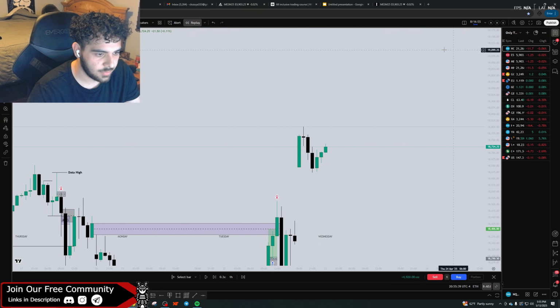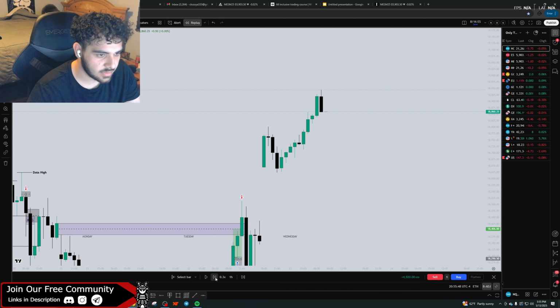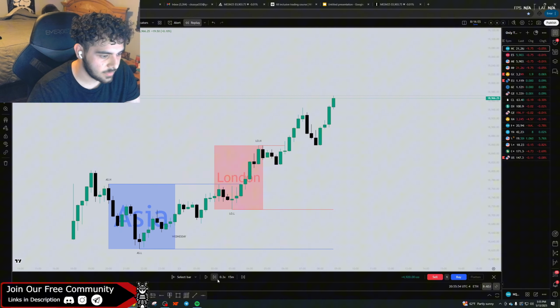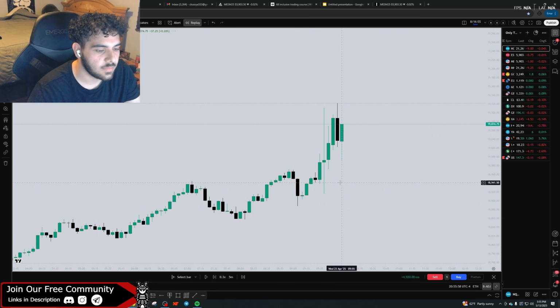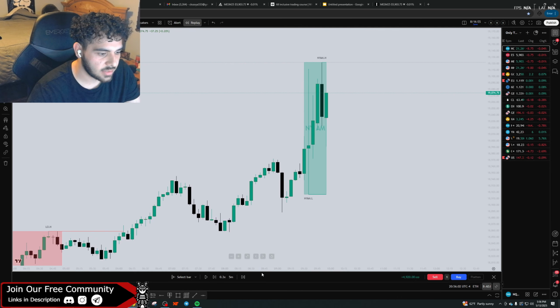Oh, there's a huge open right here. Typically when price opens up like this, I'm not too crazy about trading it. So if anything, we'll just take a peek, start getting down on these lower time frames. Yeah, this is pretty nasty price action right here.